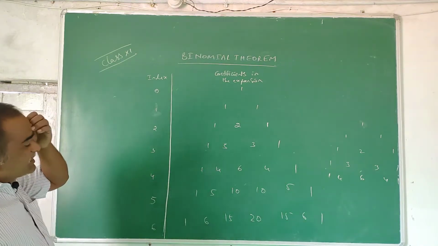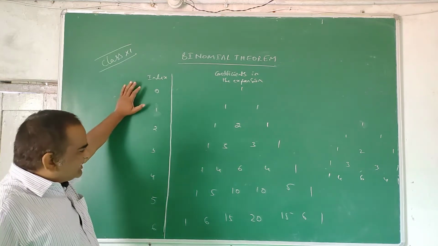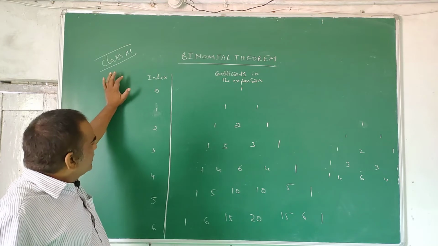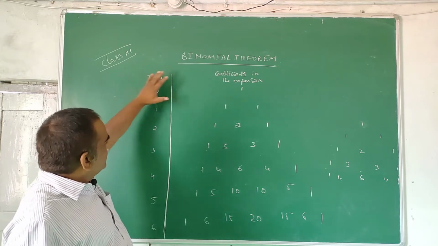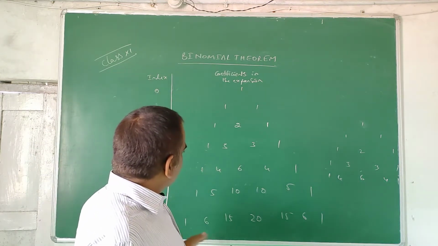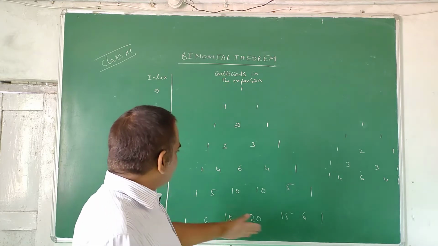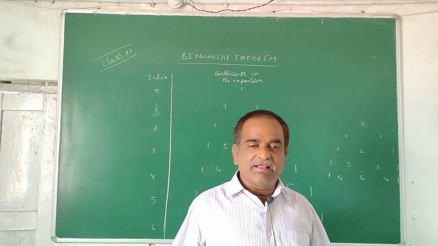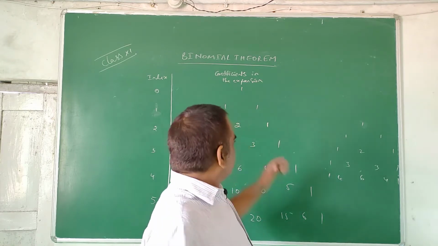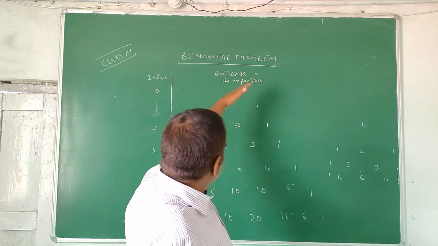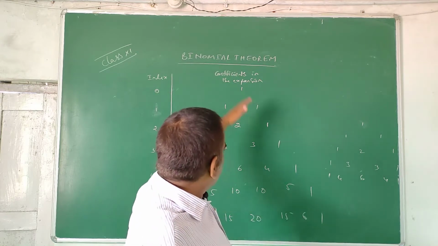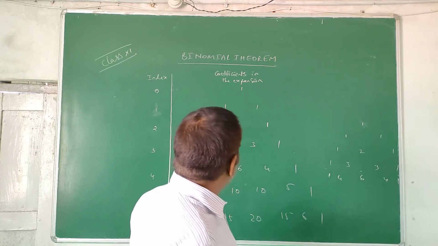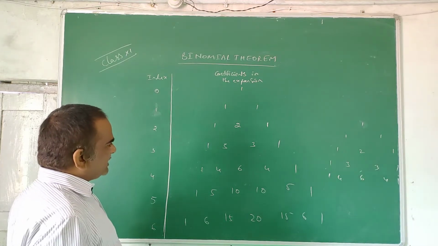See, the coefficients will follow a certain pattern. That pattern has been given as a table, and if you observe the coefficients, it is expanding like a triangle, and this pattern was discovered by B. Pascal. It is in the form of a triangle, the triangular shape, so it is called Pascal's triangle.